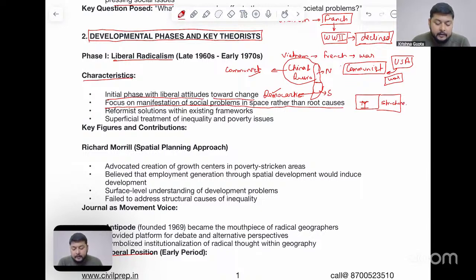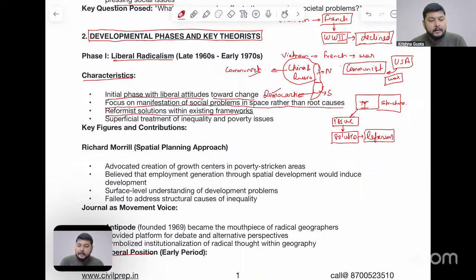Third thing, the reformist solutions within the existing frameworks. Now, in this part, initially it was said that if there is a certain issue, and we try to provide a solution by making certain reforms, we can have a kind of system where we can achieve equality.